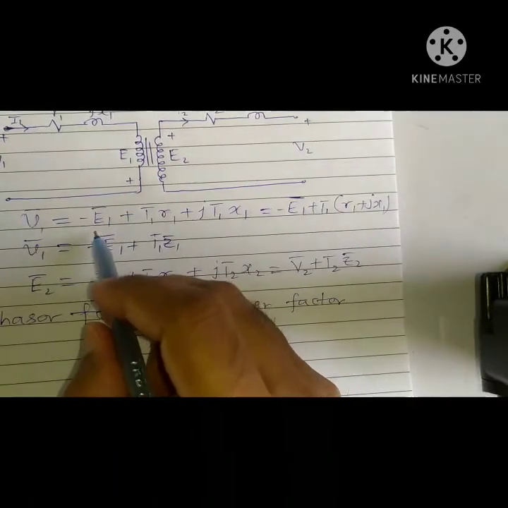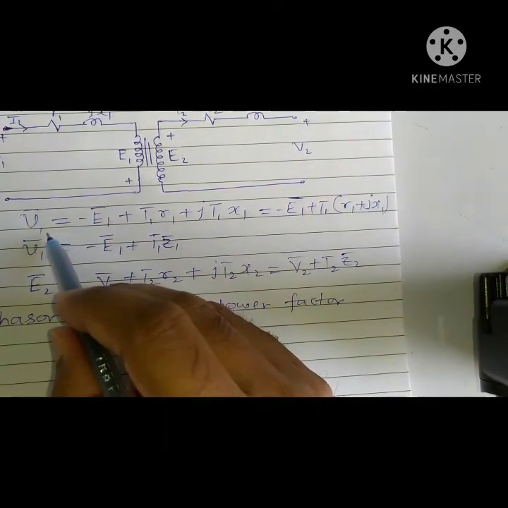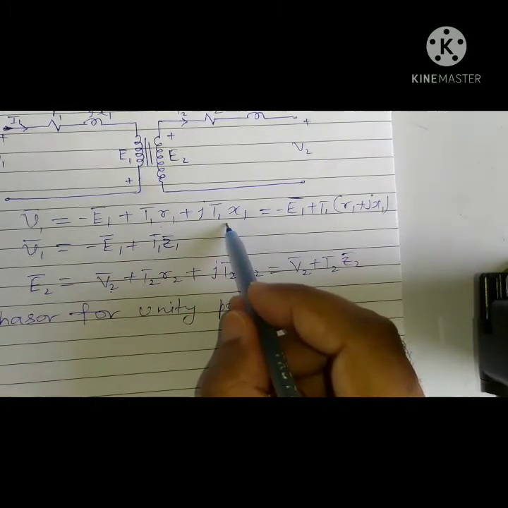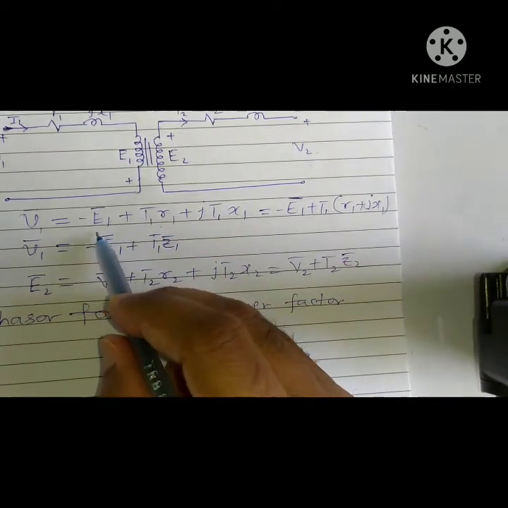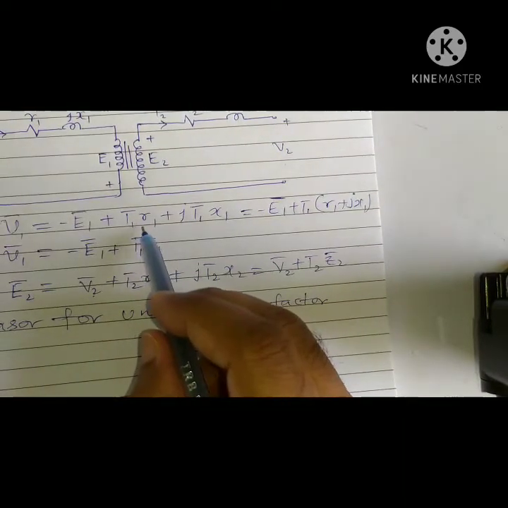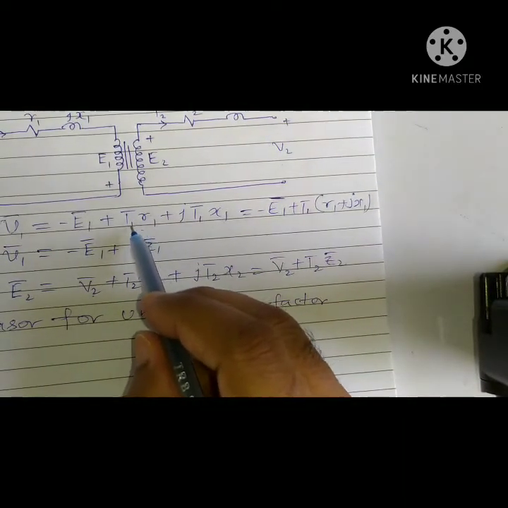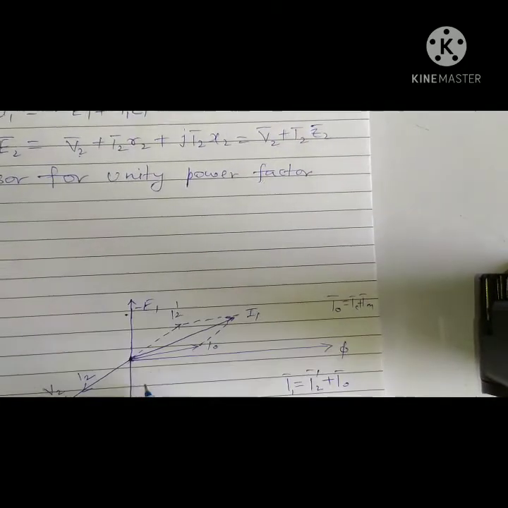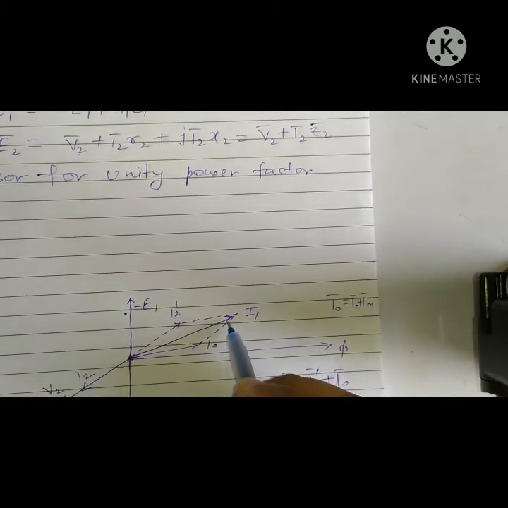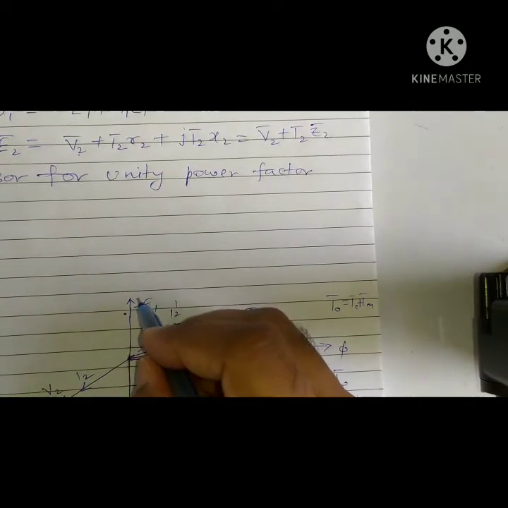The primary side voltage equation V1 is minus E1 plus I1 R1 plus j I1 X1. So E1 is located here and I1 R1 must be in phase with I1. So the I1 locus is here and I1 R1 must be in phase with this, and that must be drawn from the tip of this E1.